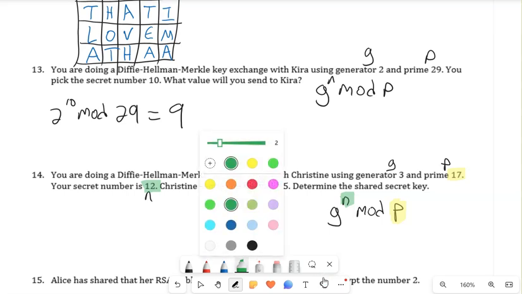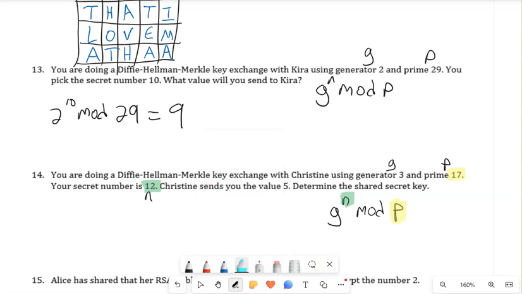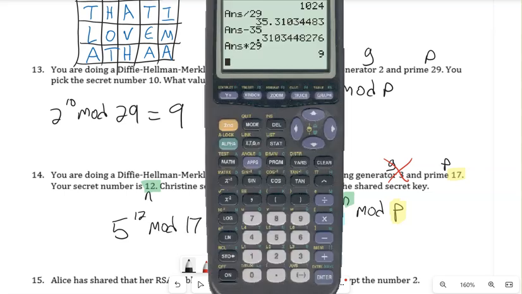So in this problem, the G is what she sends you. So we end up not using the original generator G at all. That's for the first half of the process. So we would get 5 to the 12 mod 17, and this should be small enough for us to go through.